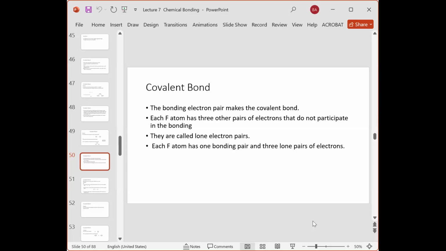And the one that bonds, we call a bonding pair. So fluorine has 1 bonding pair and 3 lone pairs of electrons, because it's 2, 2, 2, 6. And this one too has just 1 bonding pair.